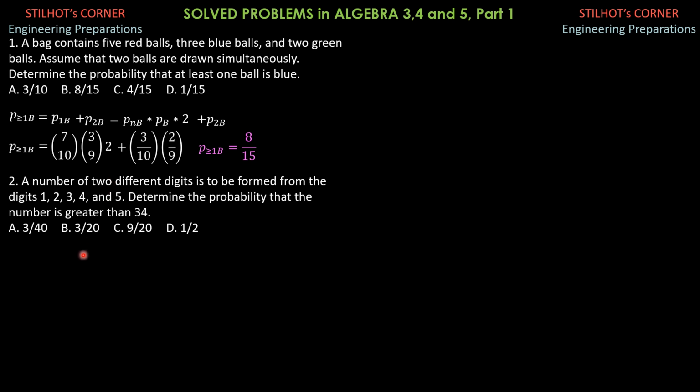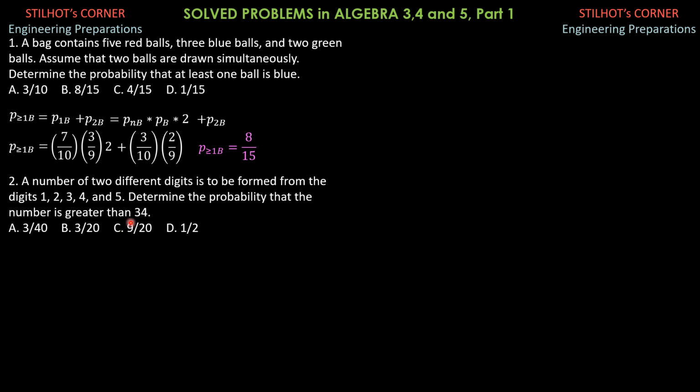Or if we apply the fundamental principle of counting, for these 2 different digits, there are 5 available digits. In the first position, we can assign 5 ways, and in the second, 4, because 4 digits are left. And 5 times 4 is 20, and that is the same as 5 permutation 2.